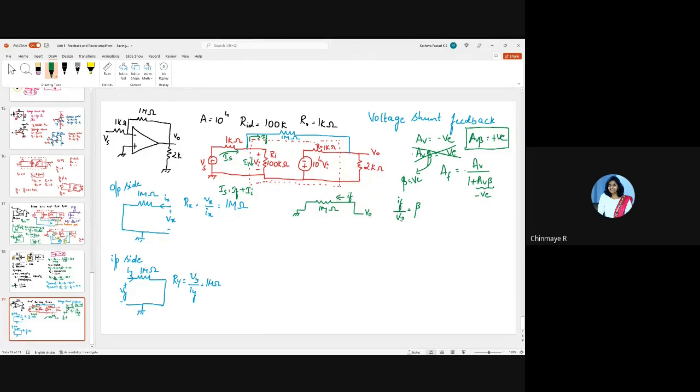So IF by V naught should give me beta, correct? Now look at the current directions here. Here IF is going from my right to left, whereas here IF is going from left to right, which means the directions of IF here are opposite. That means that beta is negative.